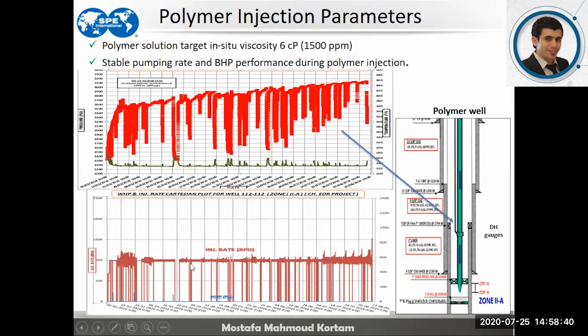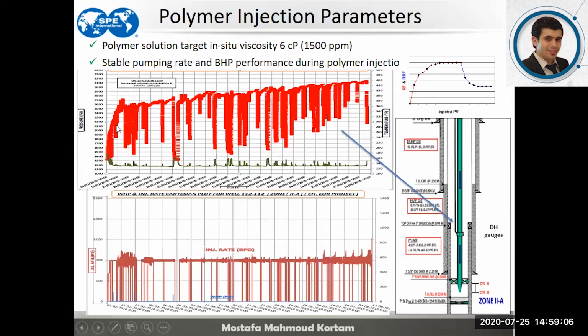We achieved a stable injection rate and a stable injection pressure performance during the polymer injection. That is the bottom hole pressure. If you remember, this is a chart of residual resistance factors. That is the effect of the polymer, where there is a build up and growth in the differential as the polymer slug is moving, invading and propagating within the reservoir.